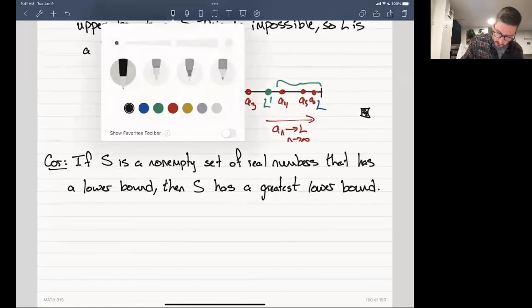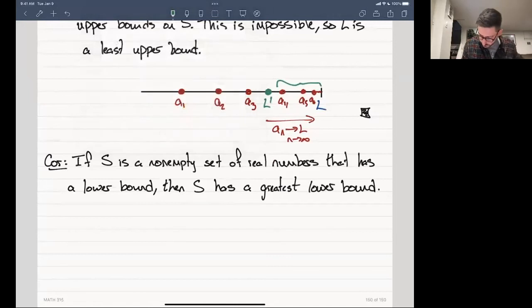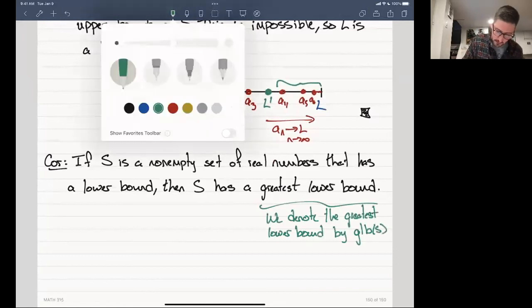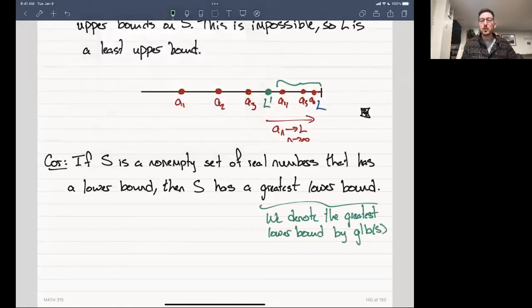And I want to put a little note here. We denote the greatest lower bound by GLB of S, right? So just like the least upper bound is LUB of S, the greatest lower bound is GLB.